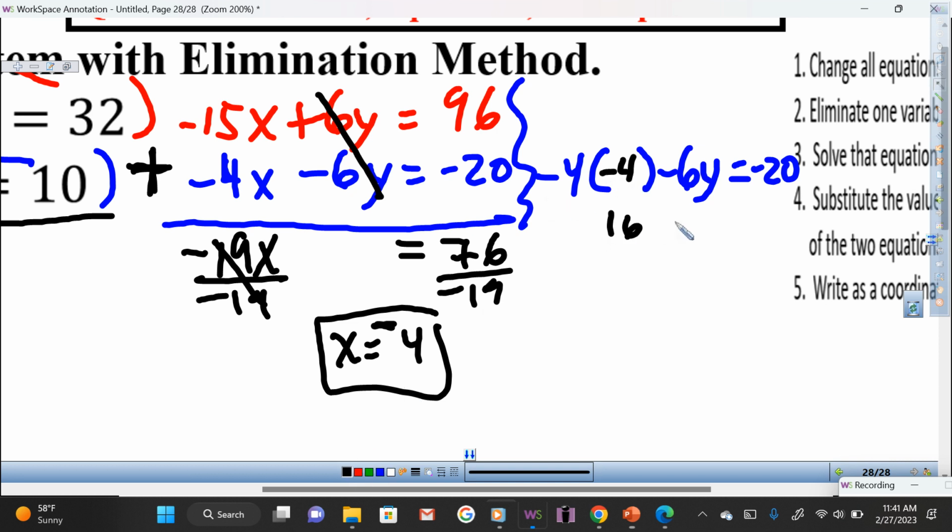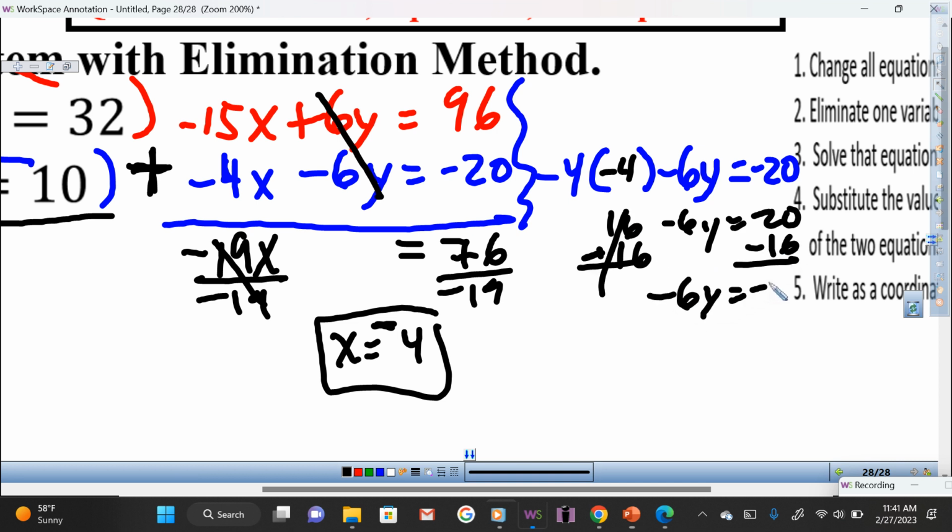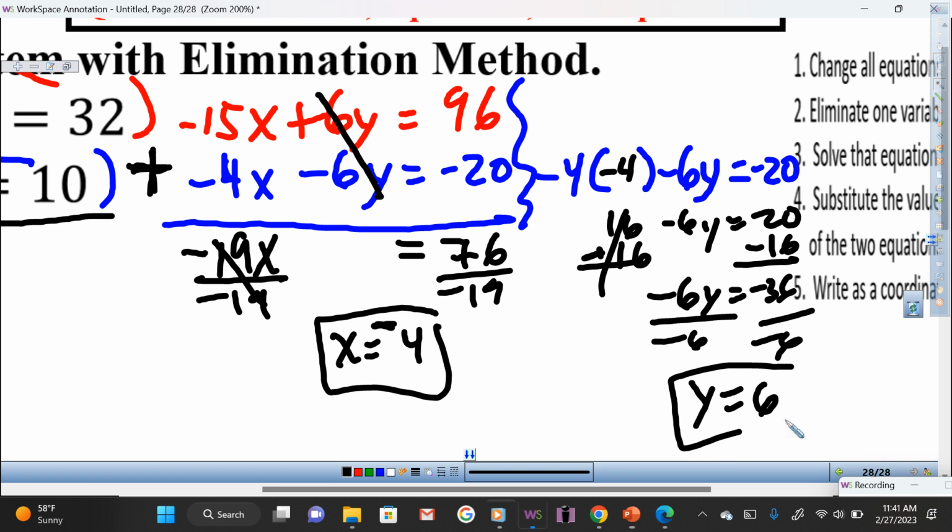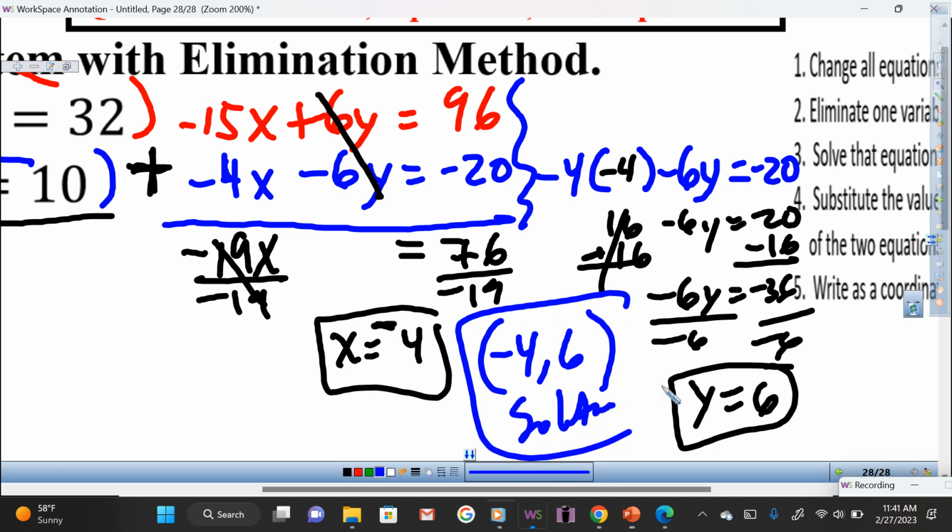So this becomes 16 minus 6y equals negative 20. Subtract 16, negative 6y equals negative 36. Divide by negative 6, y equals 6. Solution, negative 4, 6. Hands if you got that.